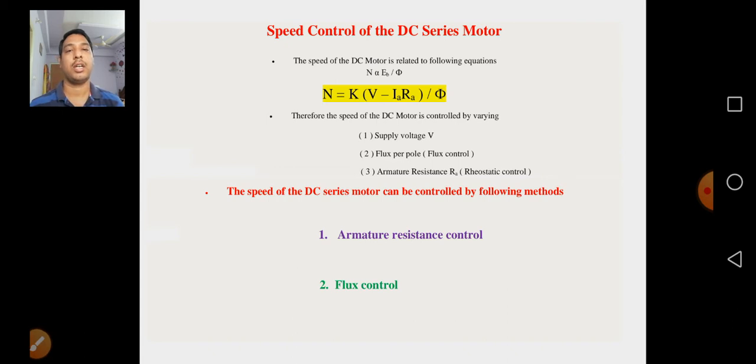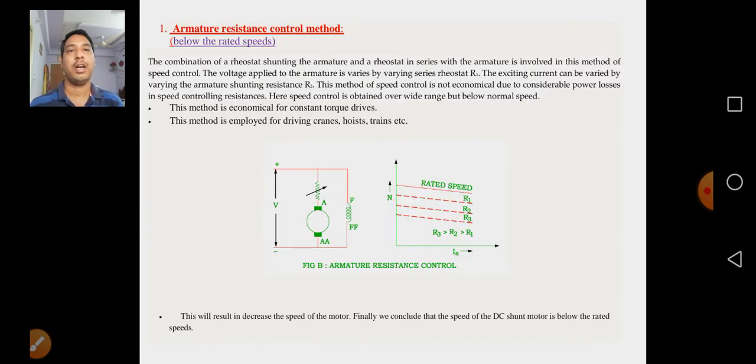One by one, we have to discuss what the flux control method and the armature resistance control method are in these classes. First we'll see the armature resistance control method. In that equation, by varying the armature resistance we are going to control the speed of the DC motor.